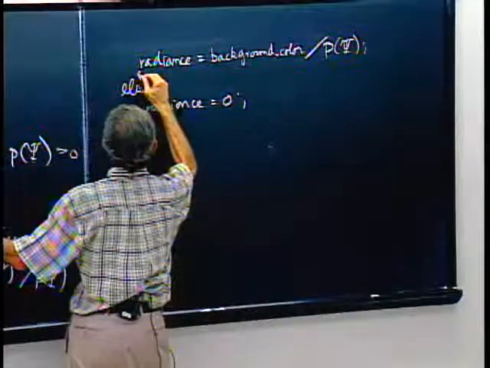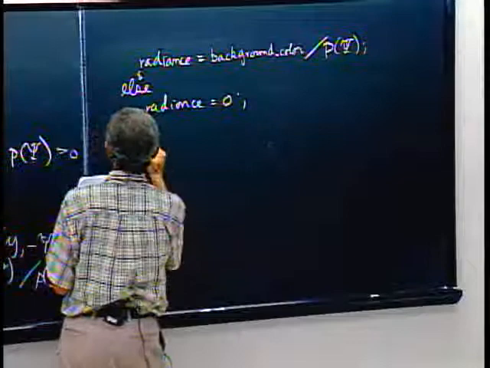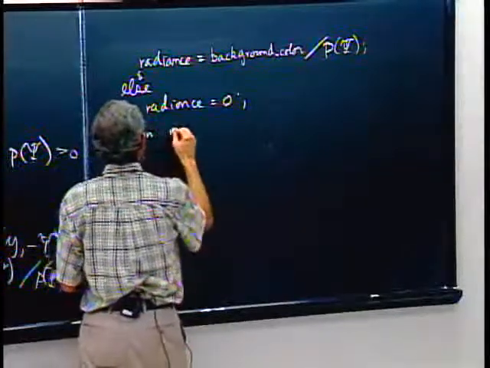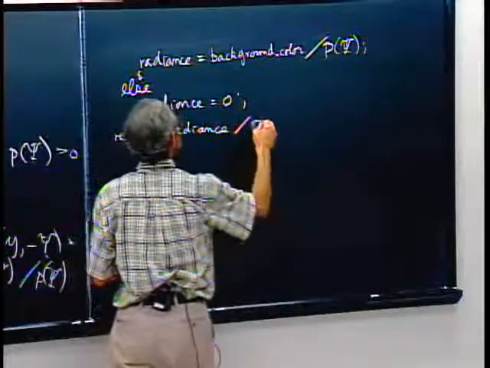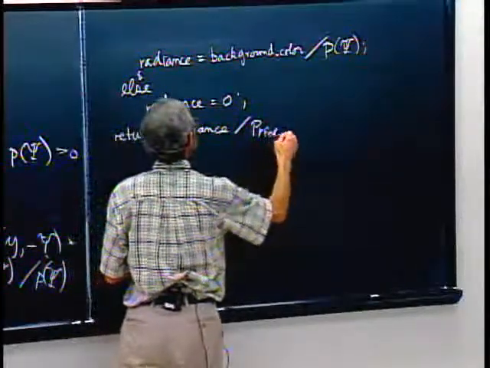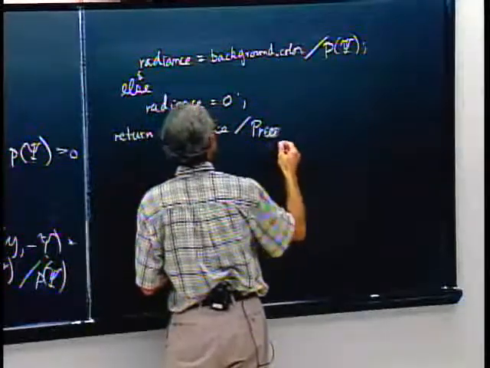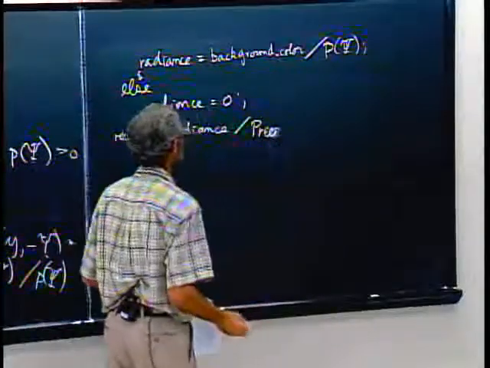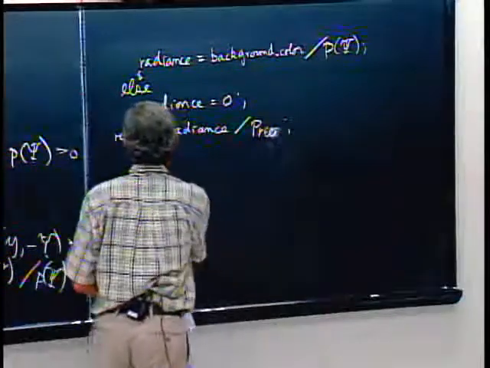So I guess this is the end of the if here that I put a bracket on. And then we're going to return the radiance divided by this probability for reflection. I don't know how I abbreviated it. FL. That's how I abbreviated it. Right? So this is the Russian roulette, and that's the end of it.